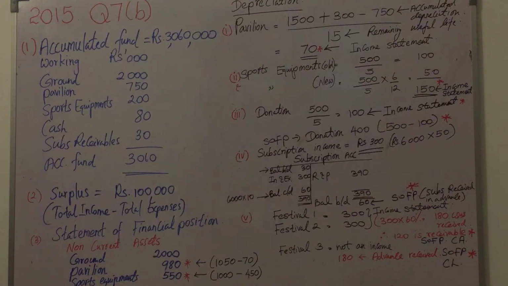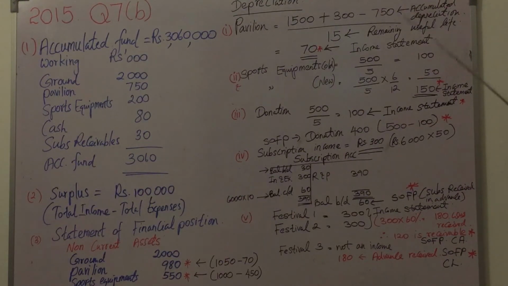If the remaining useful life of an asset increases, that expense should be capitalized. So to the opening cost 1500, you need to add 300,000. Then the pavilion asset value is 1800. Since the remaining useful life has changed, you need to remove the accumulated depreciation that we have calculated so far.